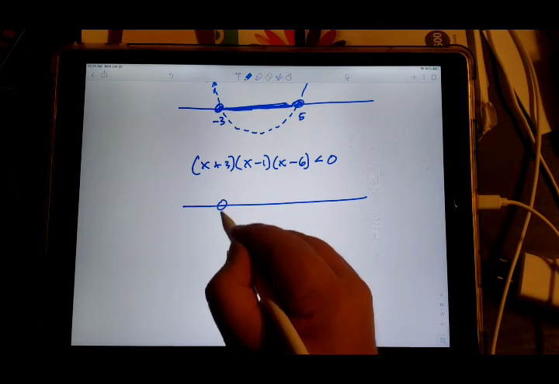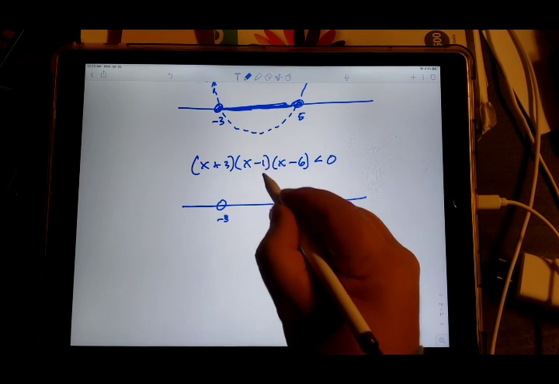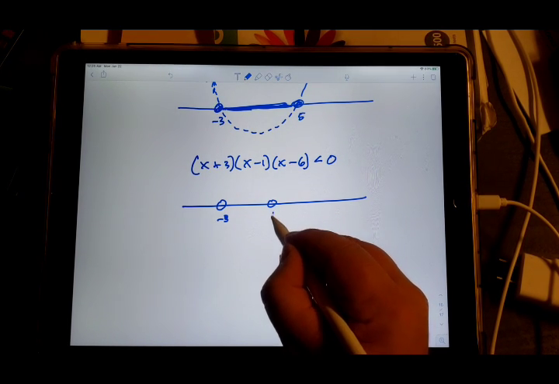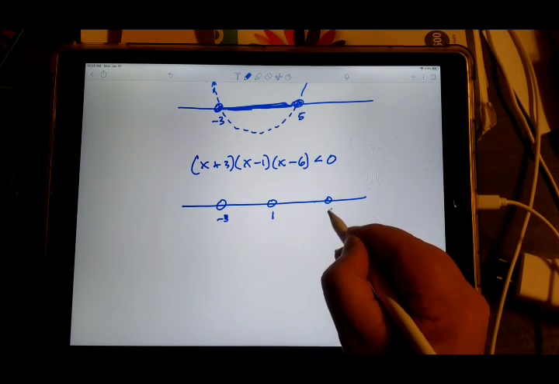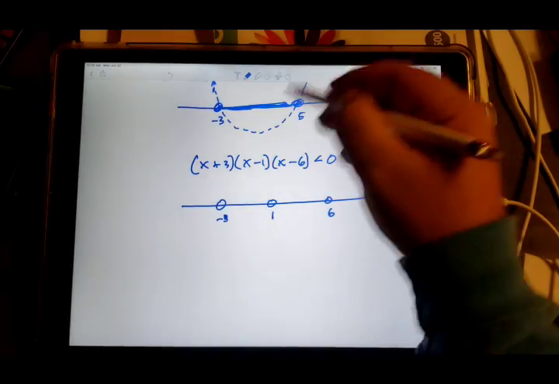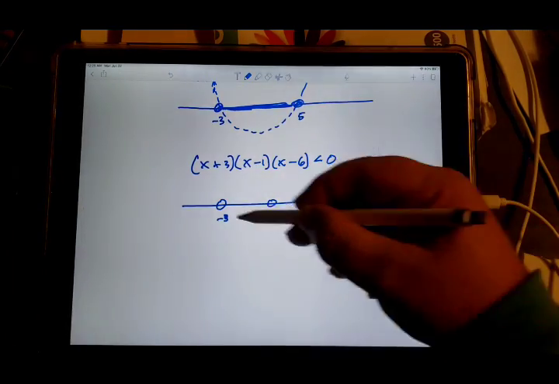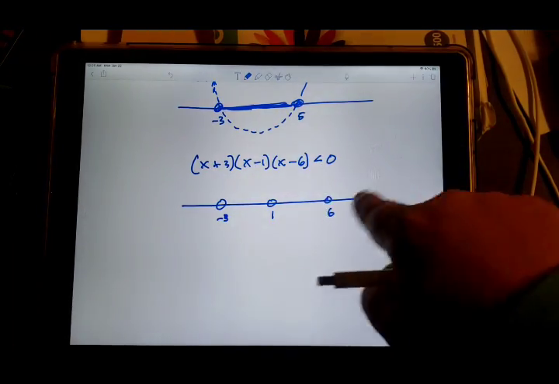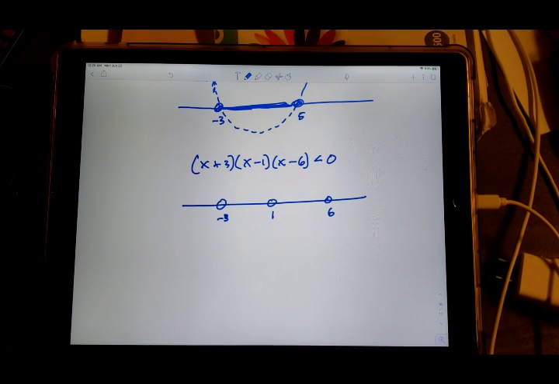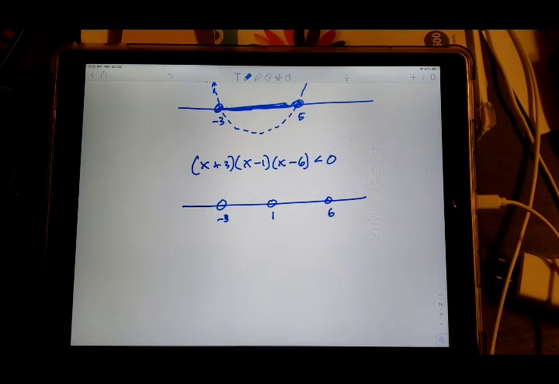But I can plot the critical points. The reason I can't rely on the graph is we know parabolas, but I don't know what's supposed to happen as far as the graph snaking through those points. So I want to completely separate this and do a very non-graphing technique.